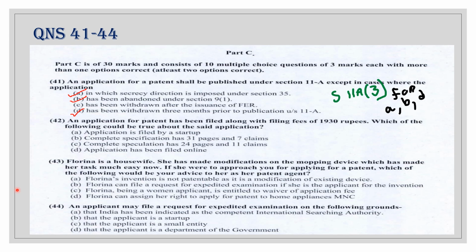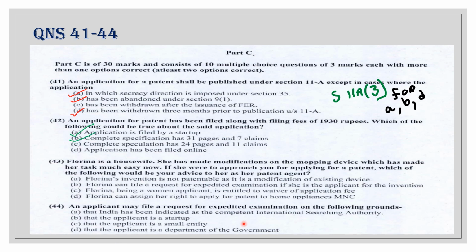Now add these two, 1750 plus 180, and you will definitely get 1930 rupees. For this reason, I am telling you, option A is correct. And option B is also correct.